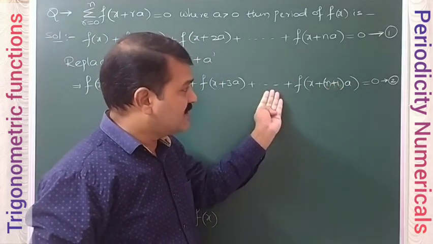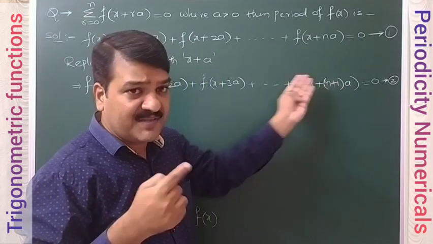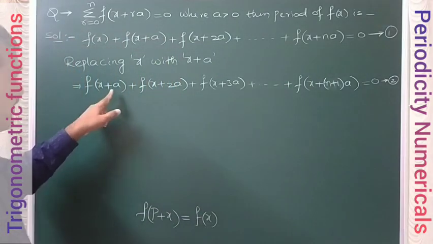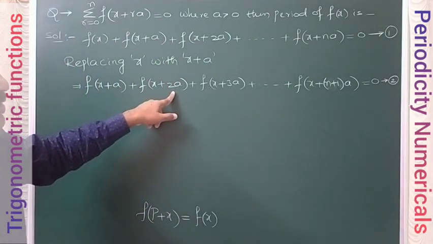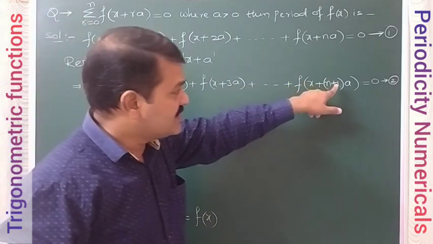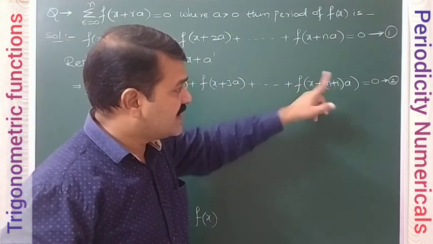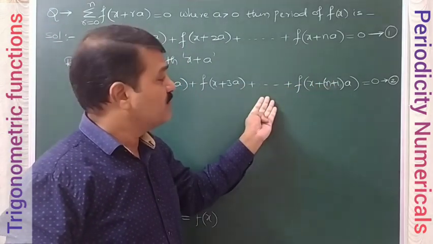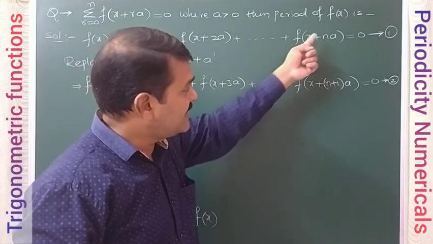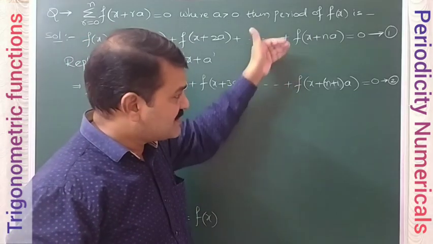What is the previous term of this? Before n plus 1 you will have n only, because you can see we have increasing order of a, 2a, 3a like that. So what is the previous term for this? x plus na. So f of x plus na will be cancelled with this if you are subtracting.